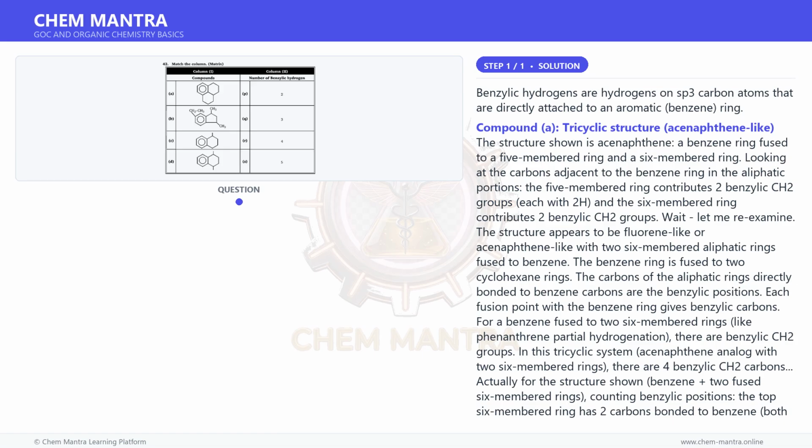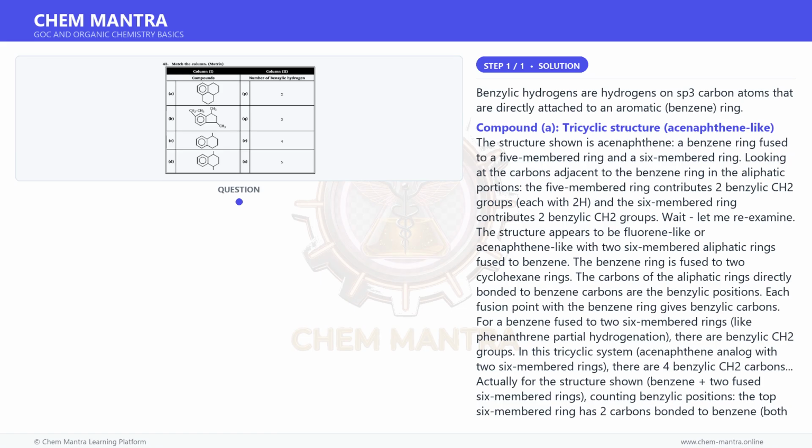C1 bears a CH3 substituent, so C1 has 1 benzylic H, and C3 bears a CH3 substituent, so C3 has 1 benzylic H. The ethyl group, CH2CH3, on the benzene ring: the CH2 directly on benzene is benzylic with 2H. Total benzylic H is equal to 1 plus 1 plus 2 equals 4. This matches R equal to 4.